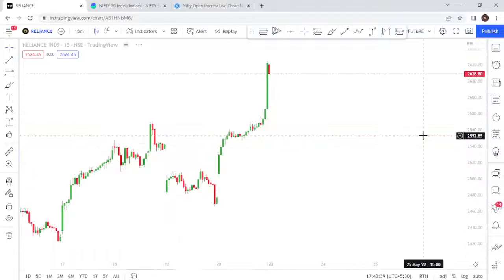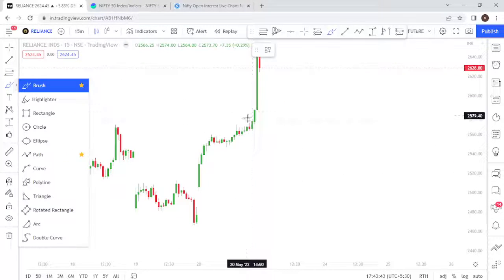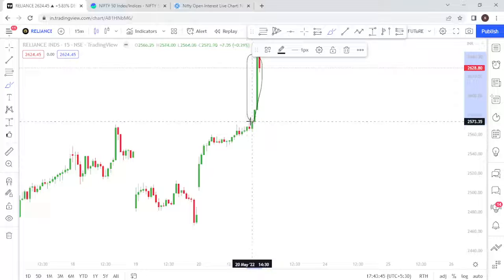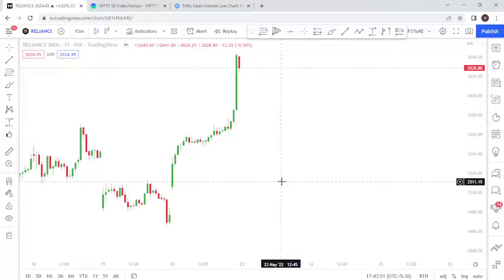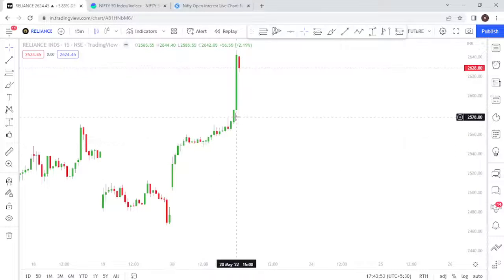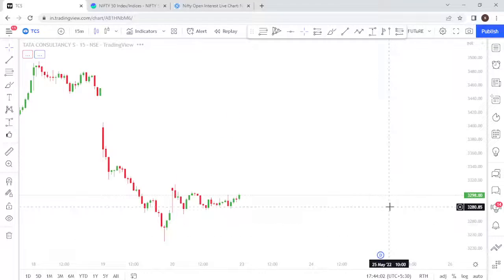Reliance is one of the top weights of the Nifty index. Now see here, this particular thing moved the Nifty. Nifty was moved by Reliance in the last 35 minutes. I'm not saying that they always move, but they make a very big contribution towards Nifty's momentum. Even if you see, TCS didn't move, but Reliance moved.